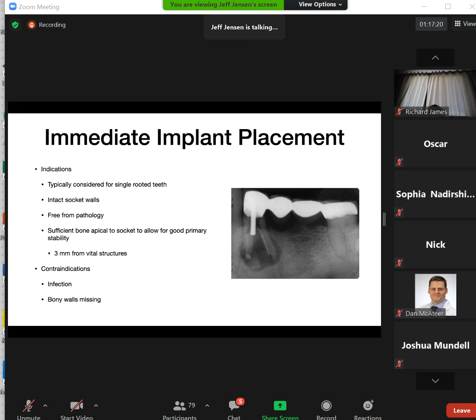Quite a bit of pathology there. You want to have some bone apical to the socket to get good primary stability. So you're going to drill down into the base of the socket, apical to it, to get your initial stability. Some of the contraindications again would be like big infection or bony walls missing.